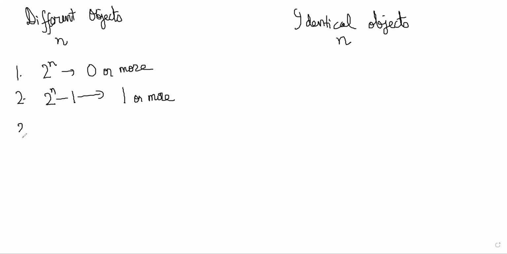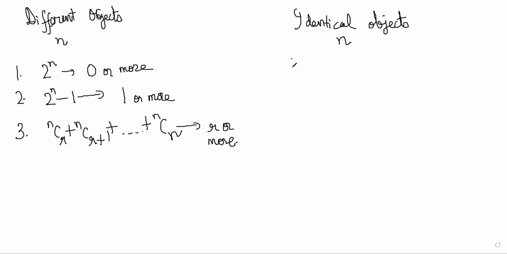If you have to select r or more, you have to do ncr plus ncr plus 1 plus ncn. Here the same thing, 0 or more ways, it is n plus 1, 1 or more is n, r or more is n minus r plus 1.